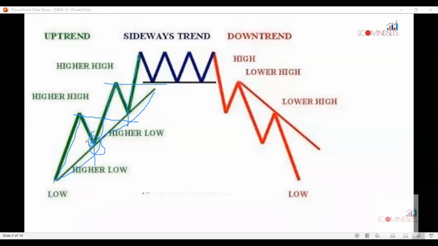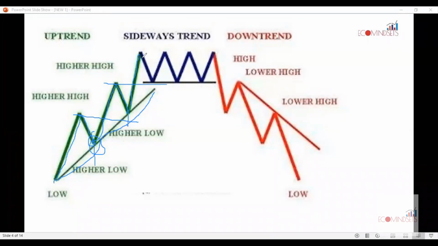It forms a high, is rejected, pushes down and forms a low. Then it pushes up again, forms a high, is rejected, and is pushed down again to form a low. You see price repeating this pattern over and over until it completes that uptrend, and then price decides to take a different trend.